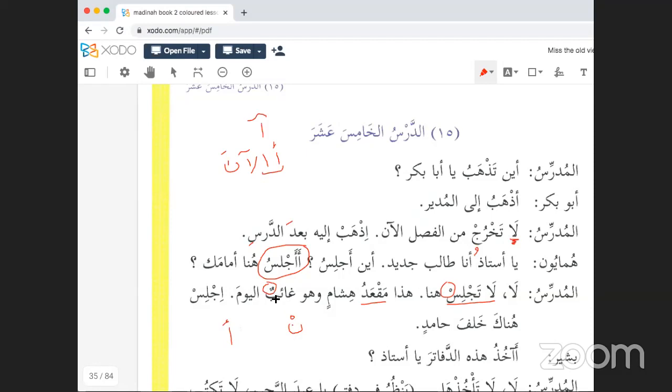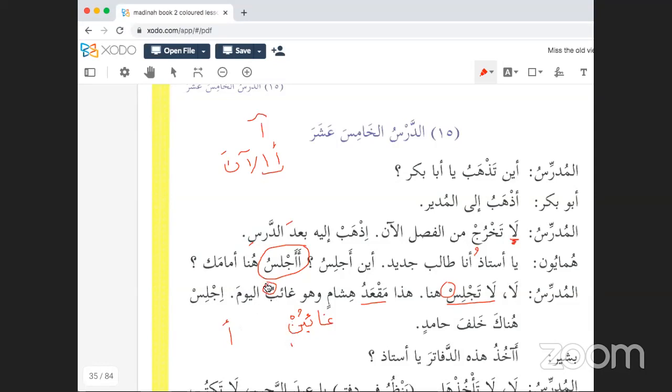This is that sound that sounds like a noon sakin, to the degree that some people mistakenly write it as a noon sakin. Like if they're doing a dictation lesson and the teacher says ghaibun, you might find some people writing it with a noon, because it sounds exactly like noon sakin, hence the definition: tanween is nun sakinun fi akhiri kalima.